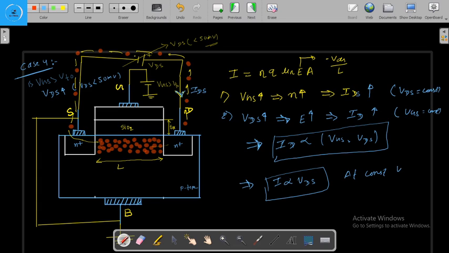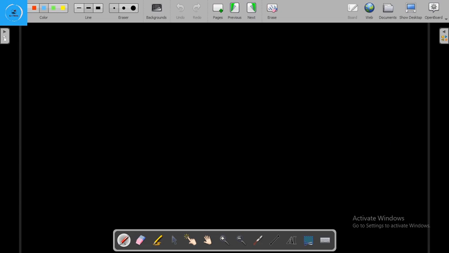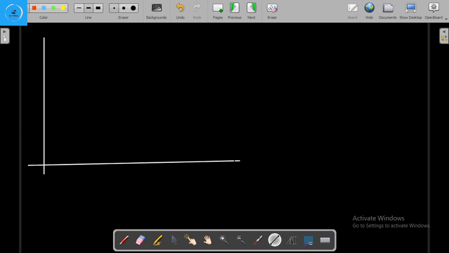So at constant VGS we have seen that the ID is directly proportional to VDS. So when we draw a graph between ID and VDS at a constant VGS, this is VDS and this is ID, the drain current. So we will find that.